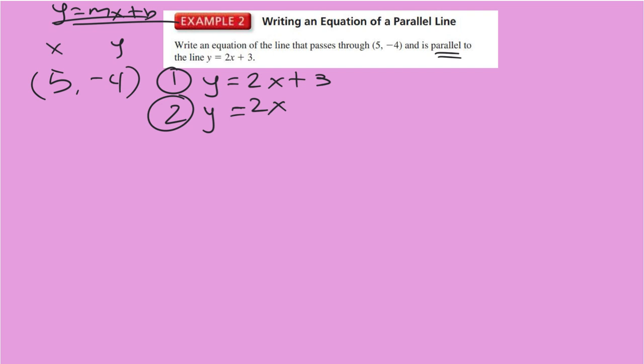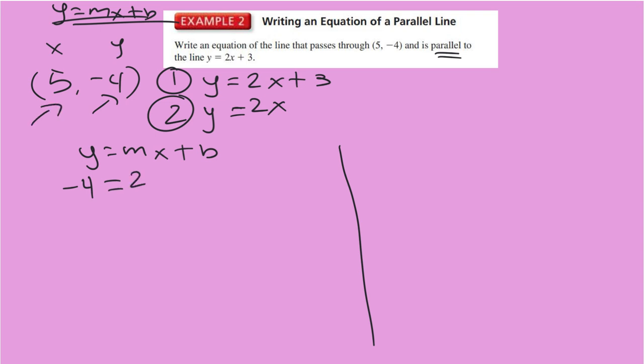Now we're looking for b, correct? So let's plug in. I'm going to show you 2 different formats to use this. We could use the slope-intercept, which is y equals mx plus b, where y we know is what? Negative 4 equals m, which is our slope, 2, and our x is 5, times 5 plus b.